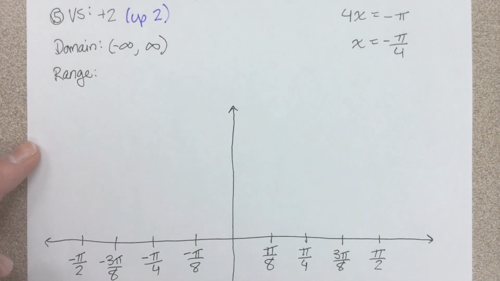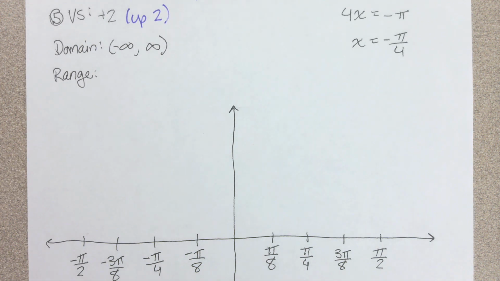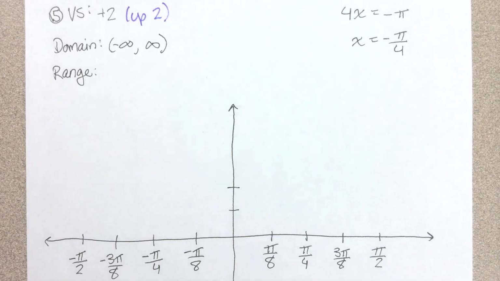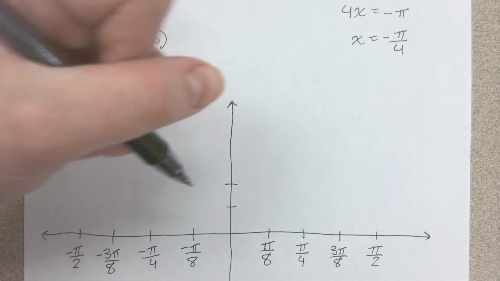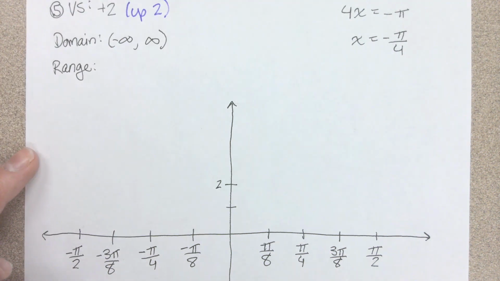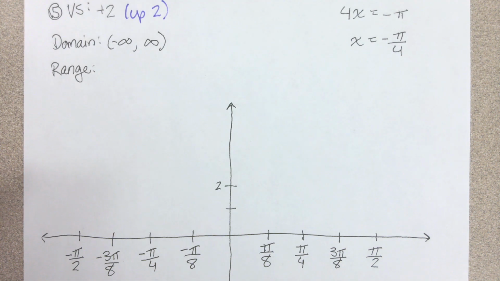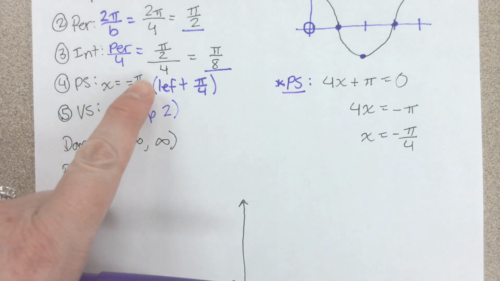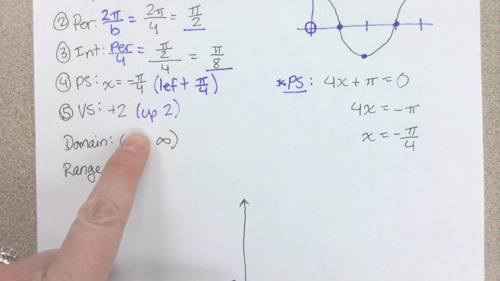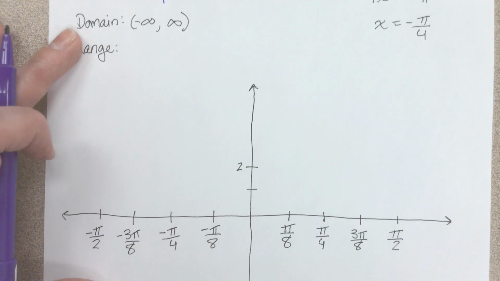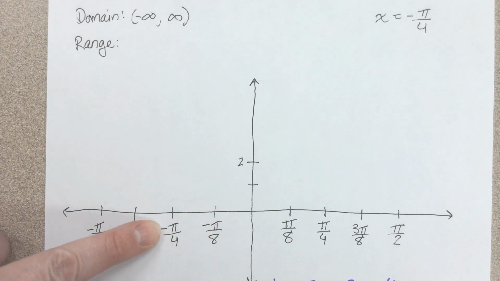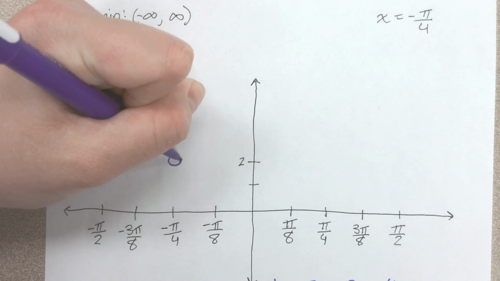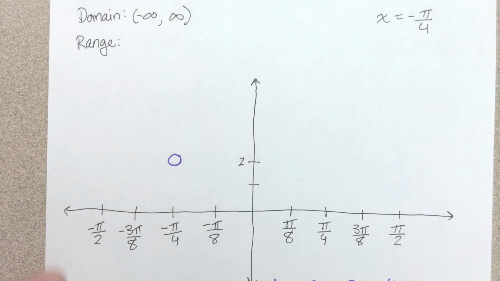And in a moment, I'm going to figure out my starting point. I know my vertical shift is up 2, so I'll go ahead and mark that on the y-axis. Let's place that circle starting point. We are going left pi over 4 and up 2. So we're going to negative pi over 4, up 2. That's where I'm going to place my circle. And now I will draw the lines through it.